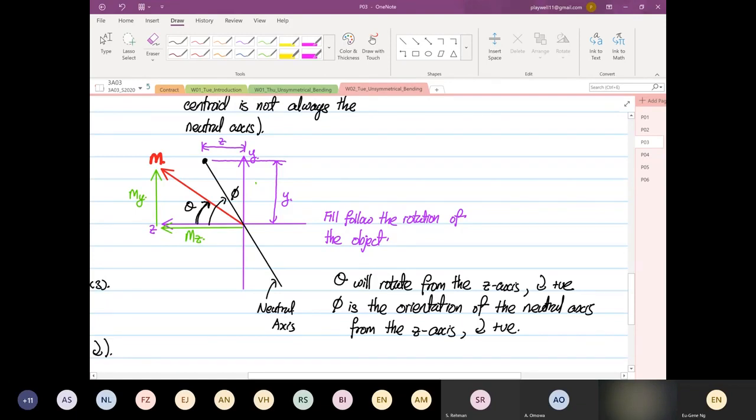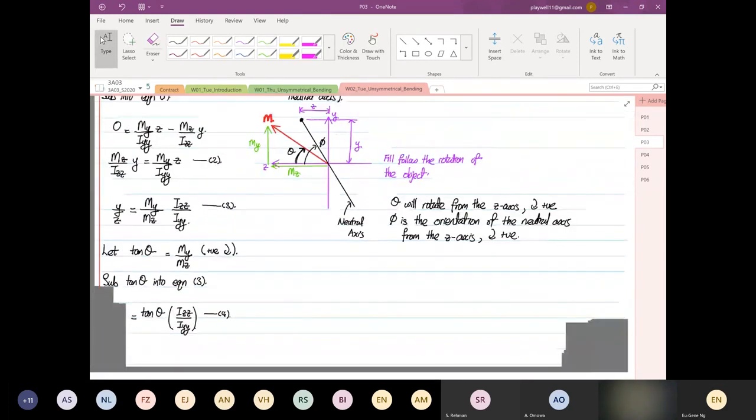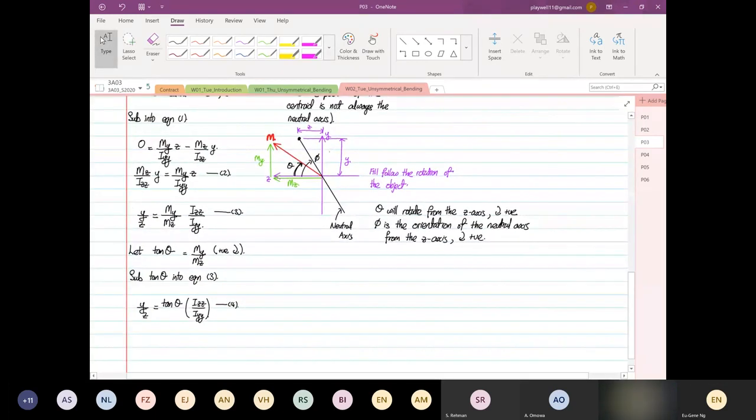So we can form another relationship with this diagram, where tangent phi is equal to y over z. And again I elaborate that positive is going in the clockwise direction.